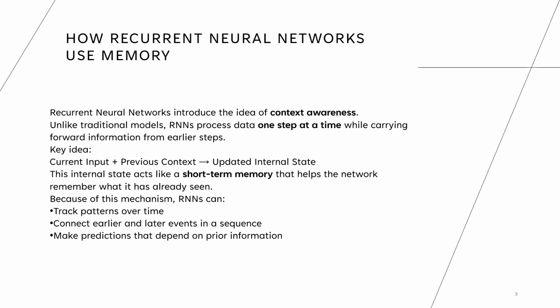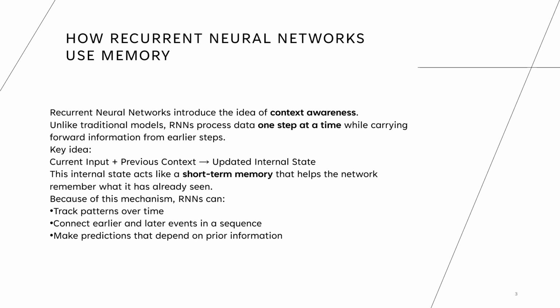Instead of treating each input as completely separate, an RNN processes information step by step through a sequence. At each step, the model considers two things at the same time: the current input and the information it carried forward from the previous step. You can think of this as a running internal state inside the network.